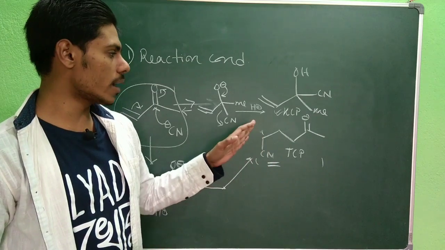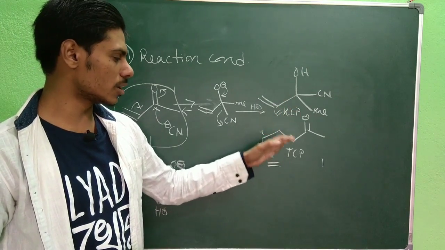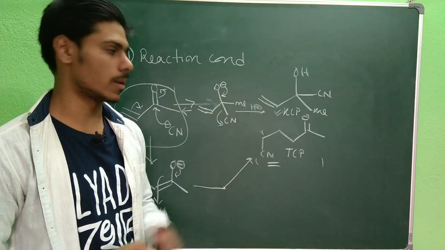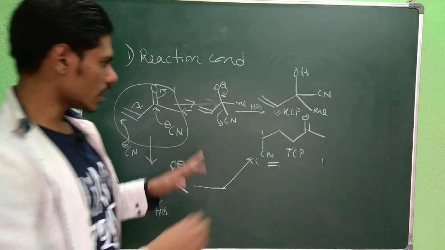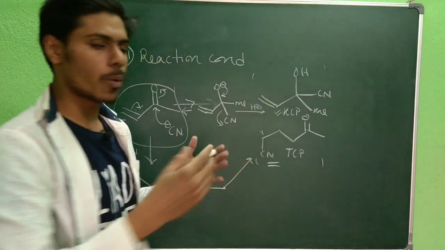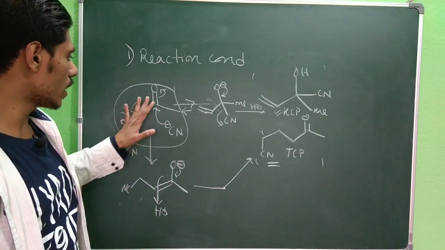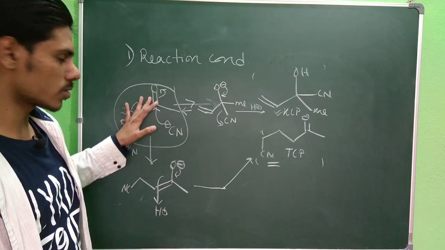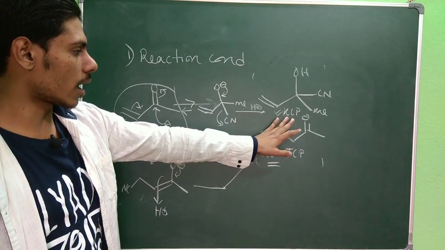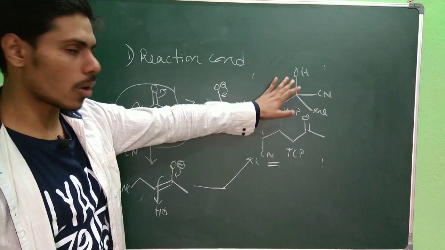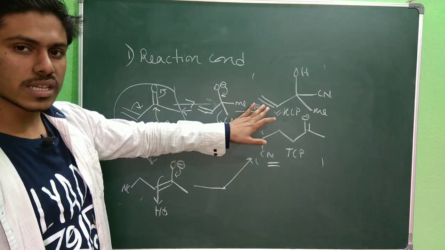Now the point is why we say that this kinetically controlled product is less stable, whereas this thermodynamically controlled product is more stable. For that you have to look into the bond energy, right? If you see which bonds are broken and which bonds are formed, the point will be clear. In the starting material you have one carbon oxygen double bond and one carbon carbon double bond, and in the KCP, the kinetically controlled product, your carbon oxygen double bond is broken, whereas your carbon carbon double bond is intact.